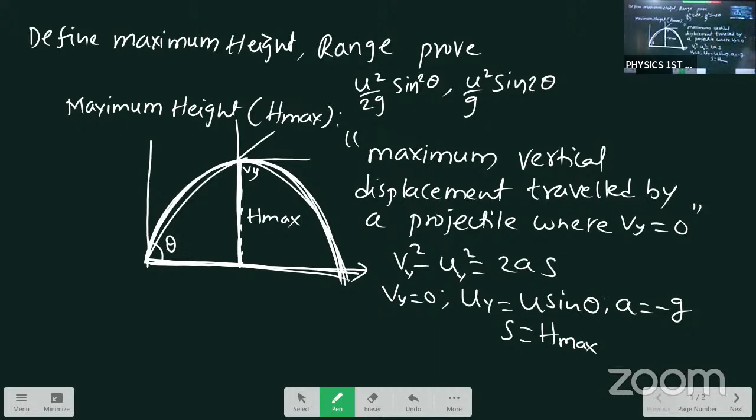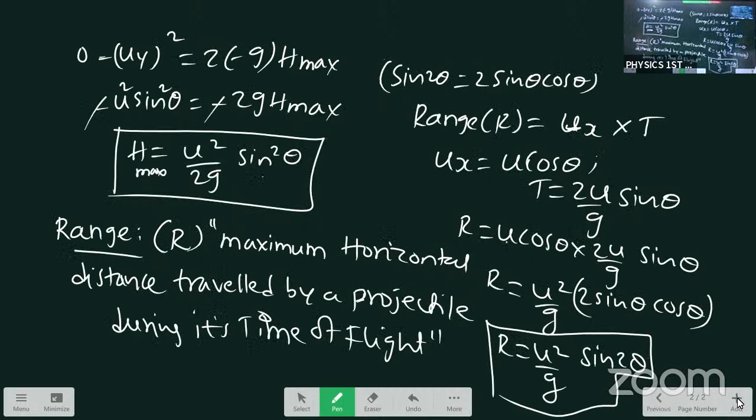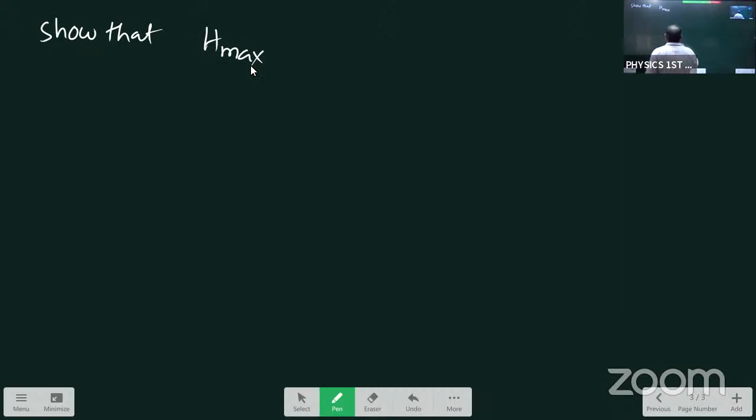Is it clear? Now, what is the next problem? Treat that question as a problem. What is the question they're asking? Next question: show that maximum height is 1/4 of range. A body is projected at theta equals 45 degrees.